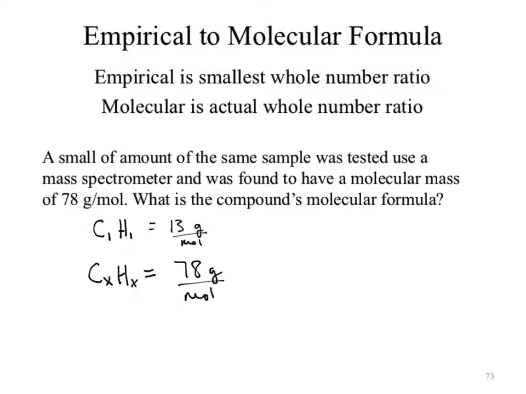So what if it was C2H2? Well, then what would the molar mass be? Carbon is 12. If I have 2 carbons, it would be 24, plus the 2 hydrogens, I'd be at 26 grams per mole.